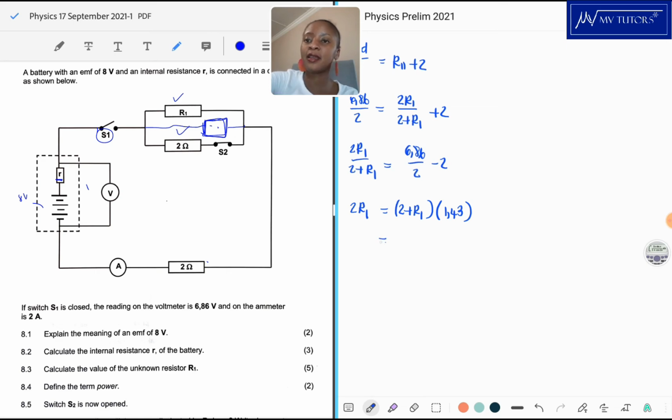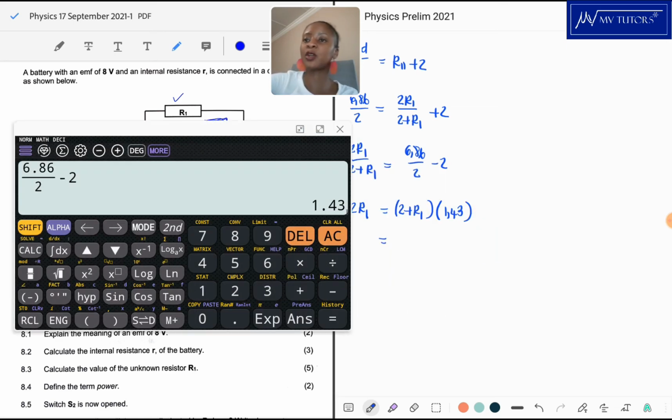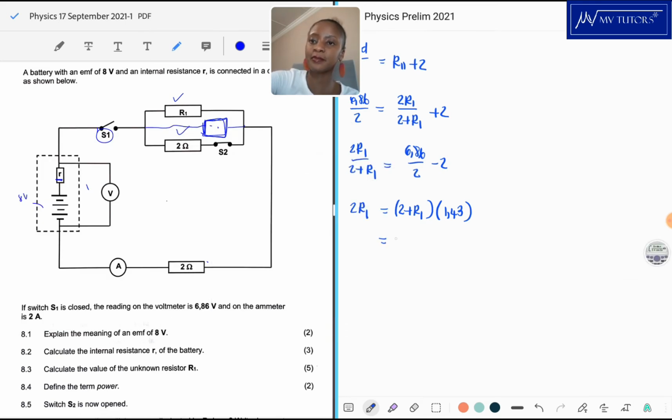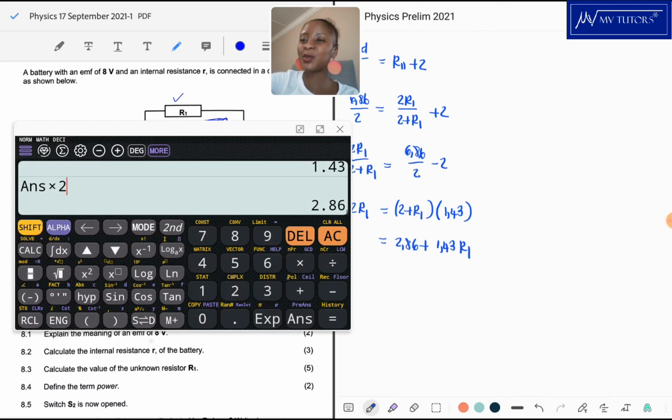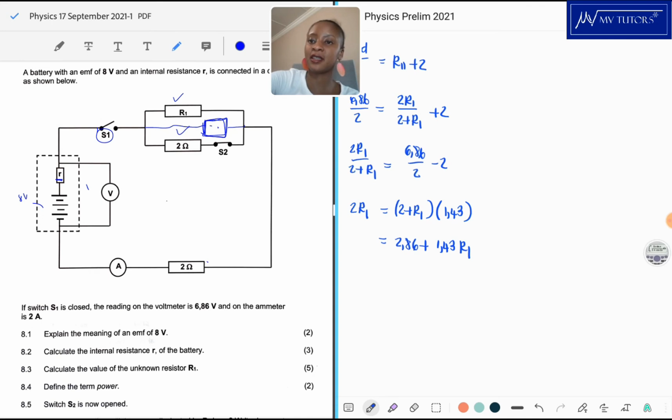Okay, so 2 times 1,43 is 2,86. And I have 1,43R1. Okay, so now 2 minus 1,43 is 0,57.